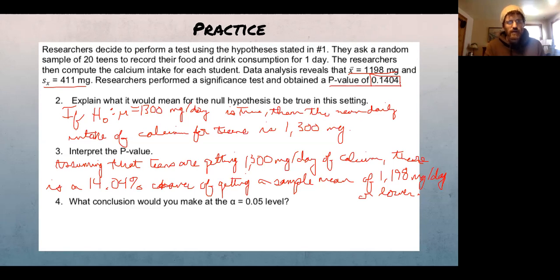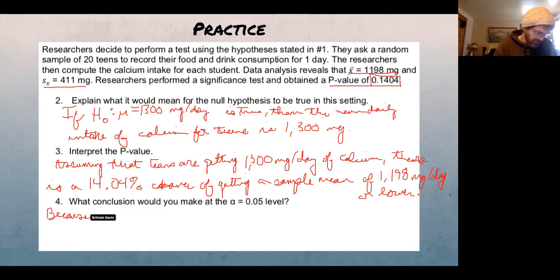All right, so now we would decide if our significance level, or alpha, was 0.05, what conclusion do we make? And of course, you can kind of work through that, but here's how we might phrase this.